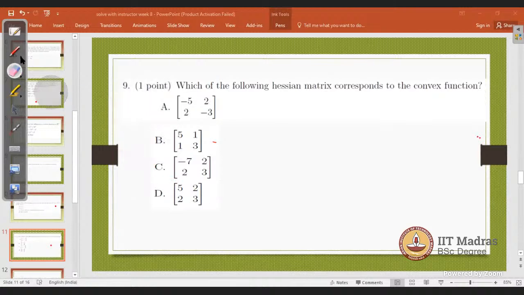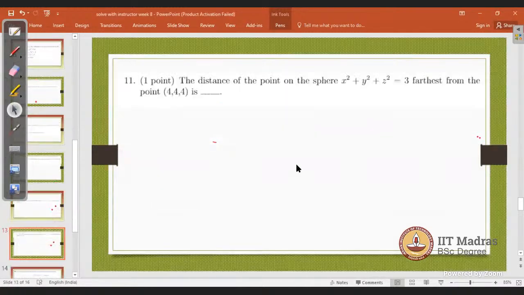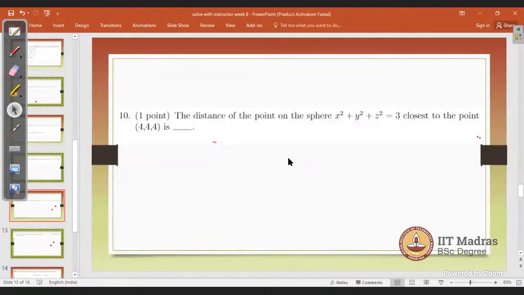Okay, let's move to the next question. Just solve this one. It is very similar to the graded assignment, I think. Just see this one.